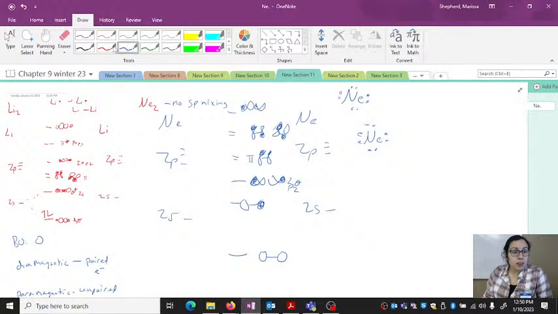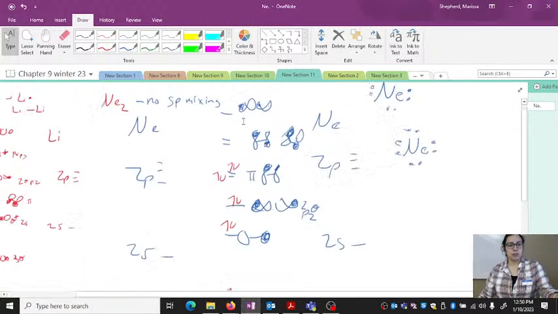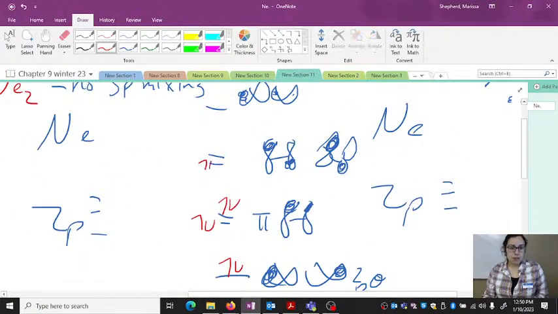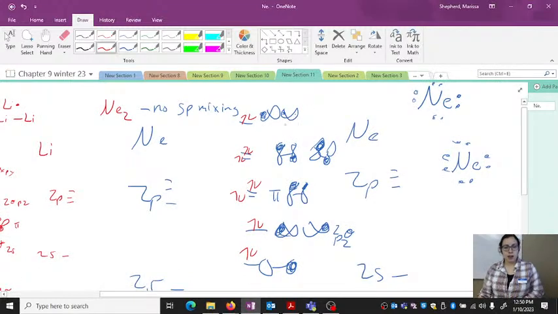16. So start at the bottom. 1, 2, 3, 4, 5, 6, 7, 8, 9, 10. I should have zoomed in. 11, 12, 13, 14, 15, 16. And so now if we subtract them, this is our sigma antibonding, pi antibonding.